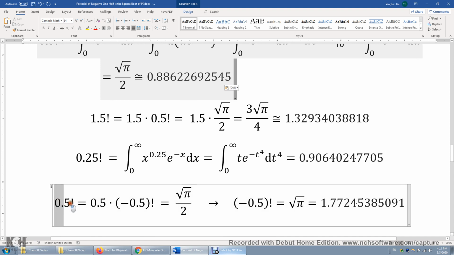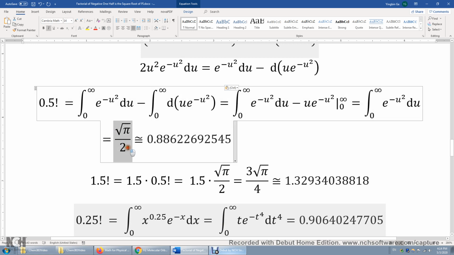Now, 0.5 factorial is 0.5 times the factorial of 0.5 minus 1. Again, n factorial or x factorial equals x times the factorial of x minus 1. Therefore, 0.5 factorial is 0.5 times the factorial of 0.5 minus 1. So over here, you see this 0.5 factorial. And this 0.5 factorial is square root of pi over 2. So we have this result here.